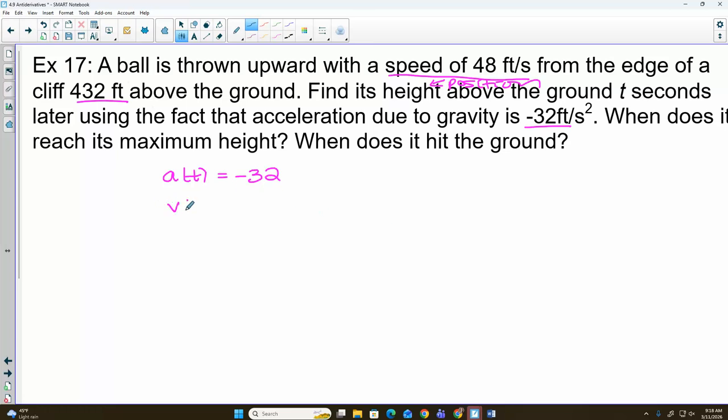So velocity, what would be the antiderivative? Negative 32t plus c. Okay, how can I find out what c is?